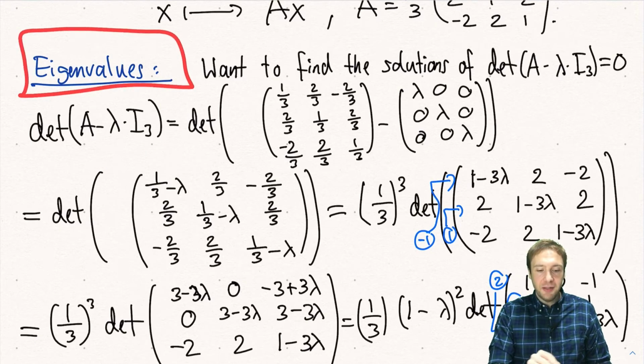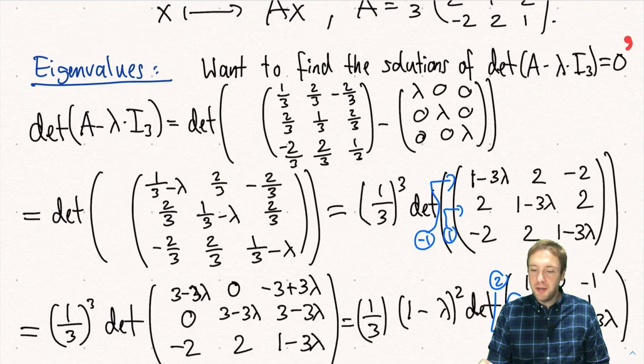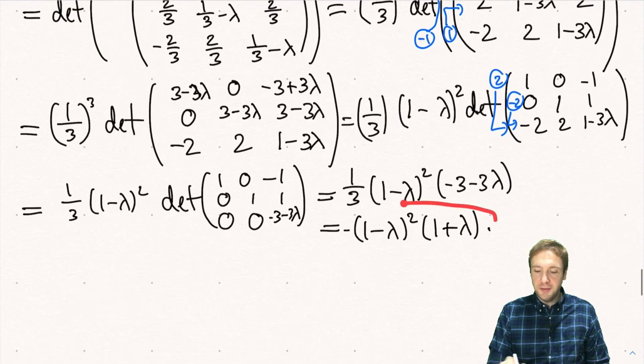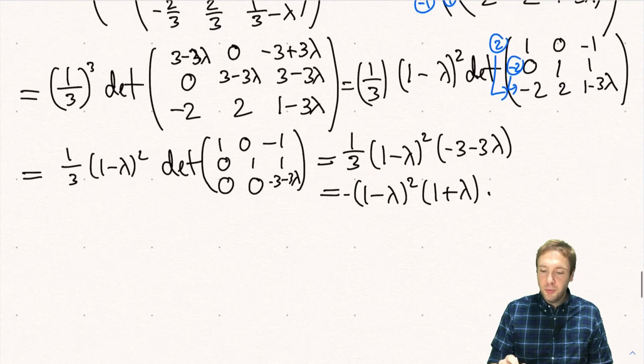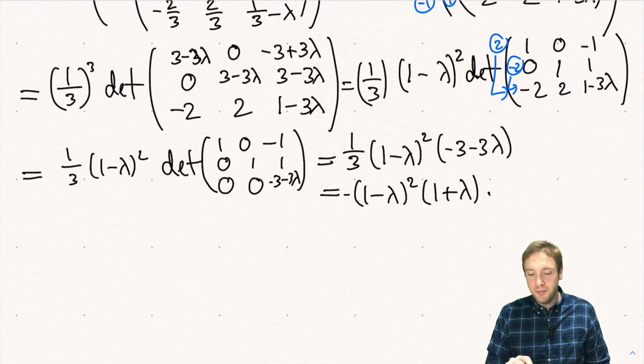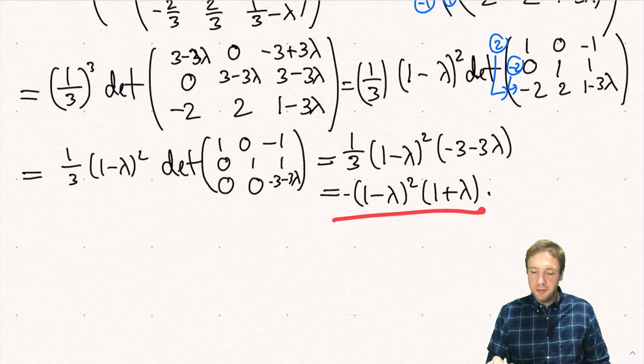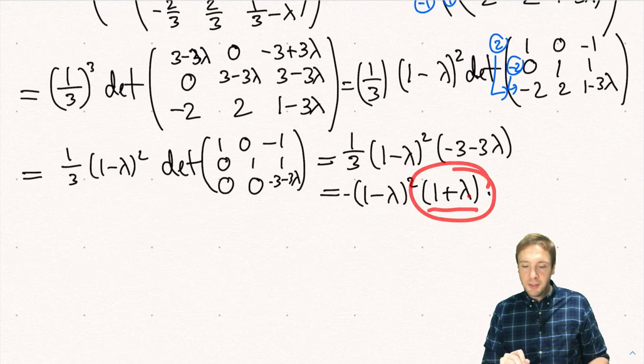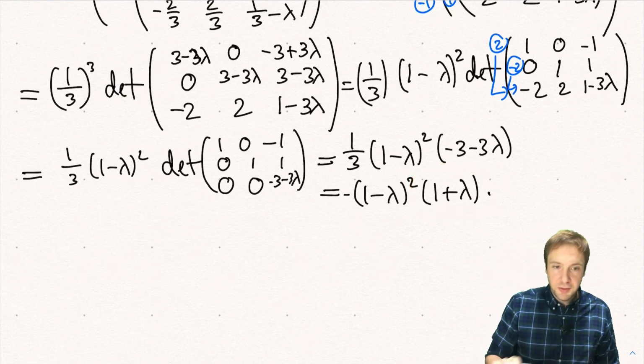And to find the eigenvalues, we need to ask, when is this determinant 0? So in other words, when is this expression here 0? Well, in this case, it's easy to see when this is 0, because the product of polynomials is 0 when one of these factors here is 0. So either lambda is 1, then this factor is 0, or if lambda is minus 1, then this factor is 0.